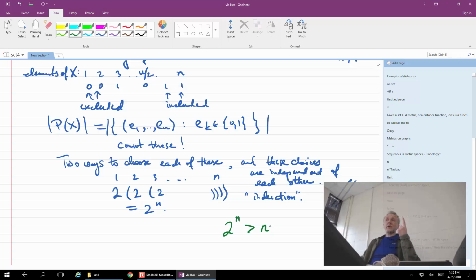Even if you have one element, how many subsets does this set have? A set of one element, how many subsets? 2, right? The set itself and the empty set. So it's always larger. Now what if x is infinite?